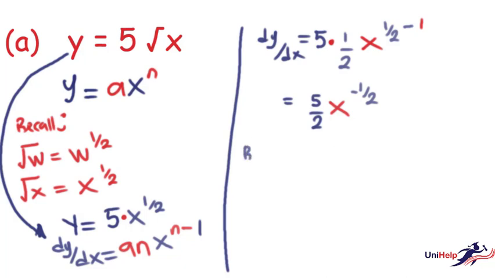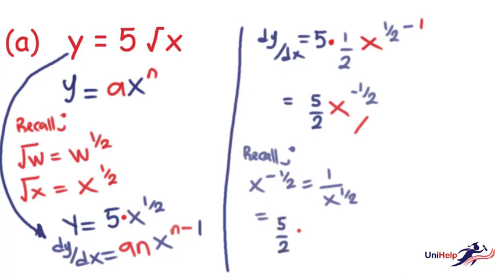Also recall from indices that x to the negative 1 over 2 is equal to 1 over x to the 1 over 2. That is, this solution could be written as 5 over 2 times 1 over x to the 1 over 2.